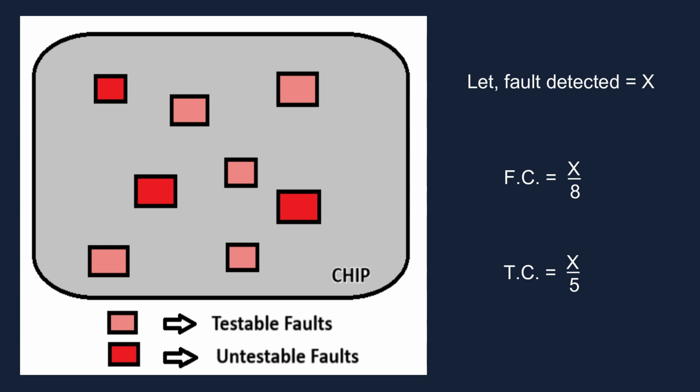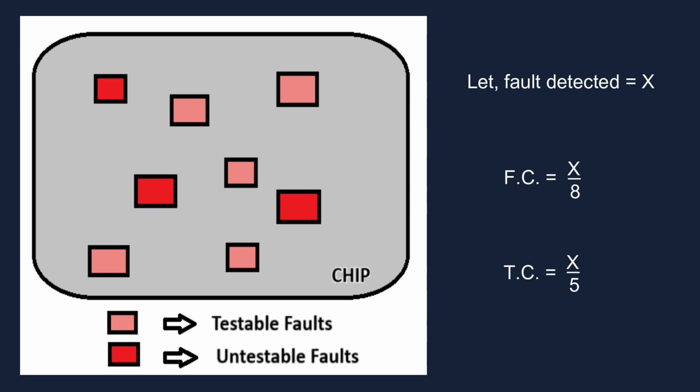So, fault coverage will be X by 8. Now, to calculate test coverage, we know the formula: number of faults detected divided by the total number of testable faults. Here testable faults are 5. So, test coverage will be X by 5.